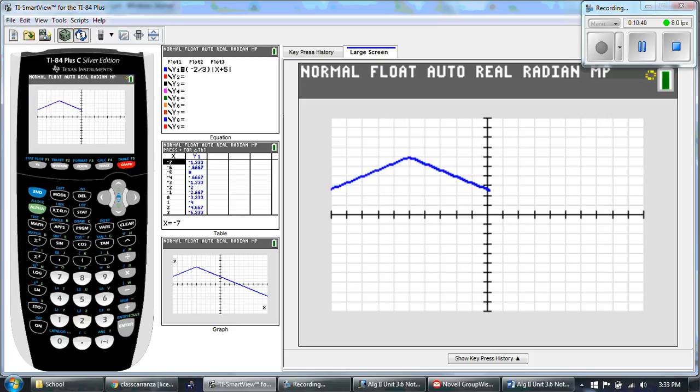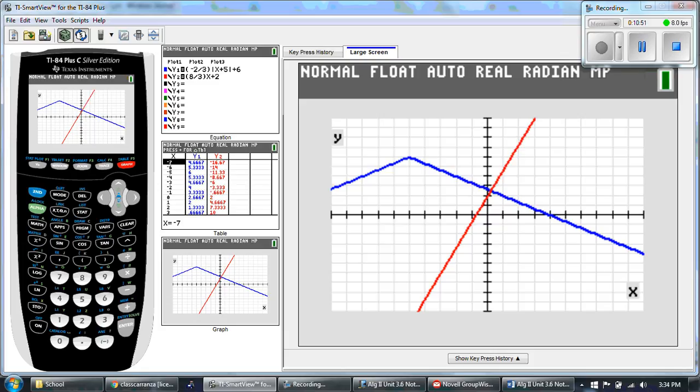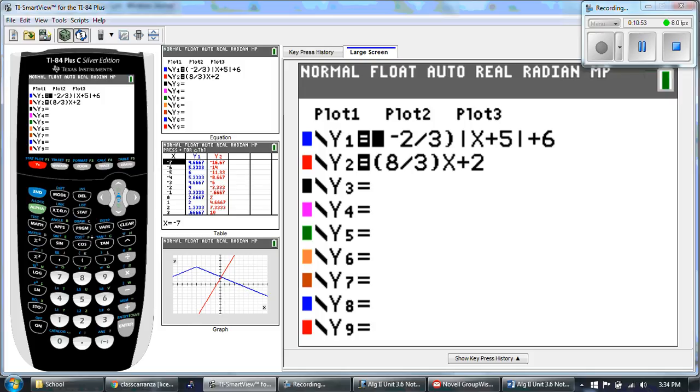So I think the only thing that's different is my absolute value is red there. And this one is, oh wait, I put in the wrong equation. What was I looking at? So negative 2/3, it should be, I'm sorry guys. I was looking at a combination of number 7 and number 4.